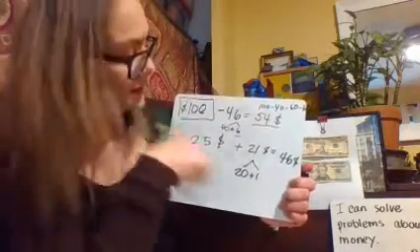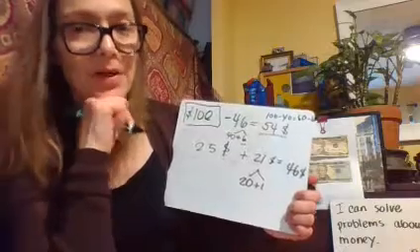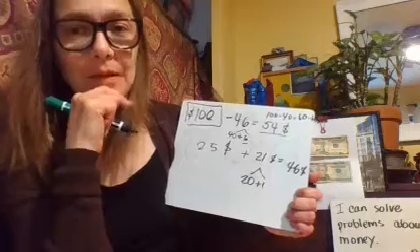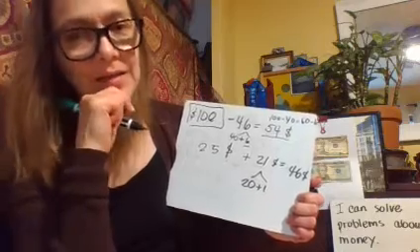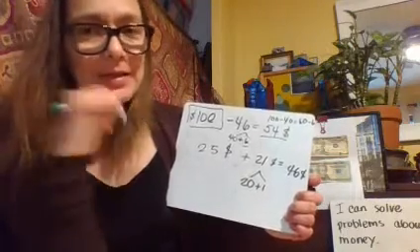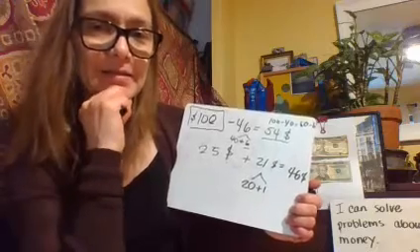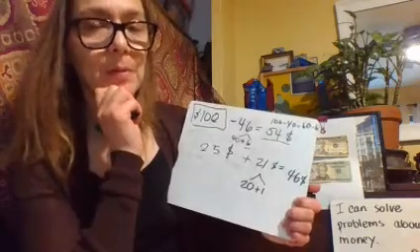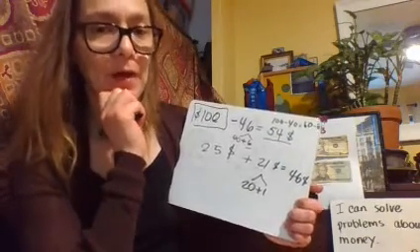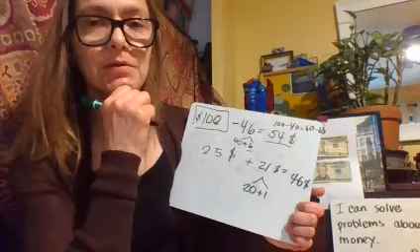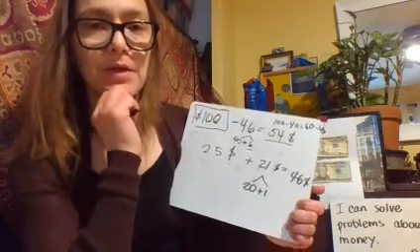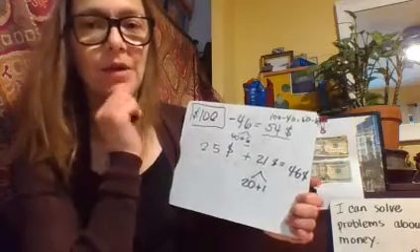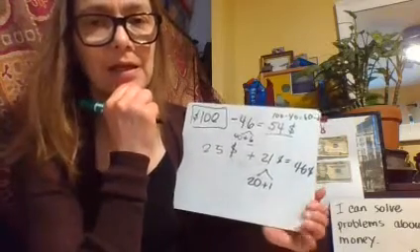All right, so this is how you would do problem solving with money using bills. It gets a little more complicated when you add the coins in there, but that's not this lesson. So we have 2-step problems where you have to figure out what they're asking you, what steps you need to take to get your first answer, and what steps you need to take to get your second answer.